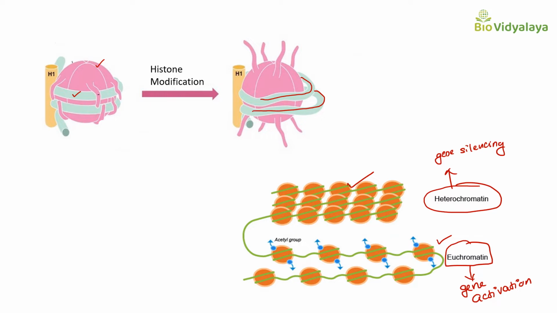So, in this way, histone modification changes chromatin structure and that leads to gene activation or silencing, or we can say that histone modification will lead to repression or stimulation of gene expression.